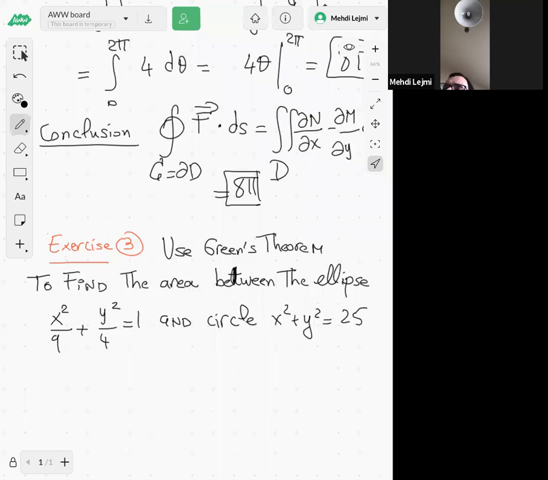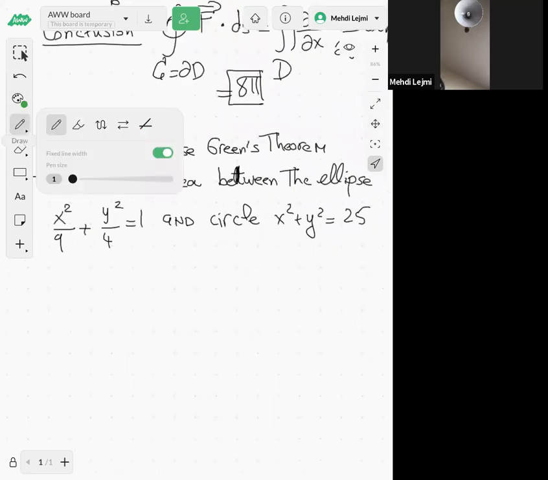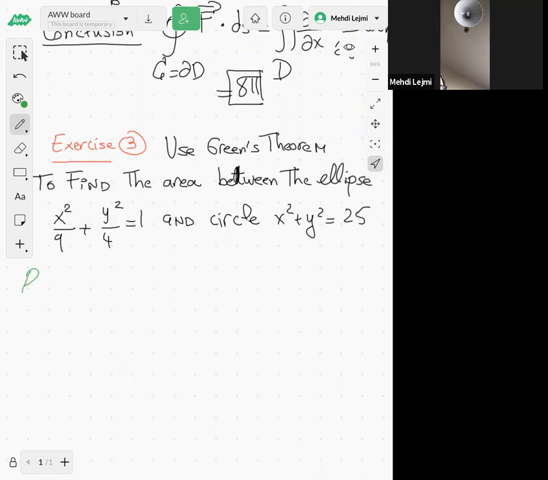But anyway, let me remind you here, because this is one of the really nice consequences of Green's theorem. How do we use Green's theorem to find the area of some region? Let me just remind you of the remark we had last time. So the remark is the following. Let's say the vector field F is equal to minus y and x.